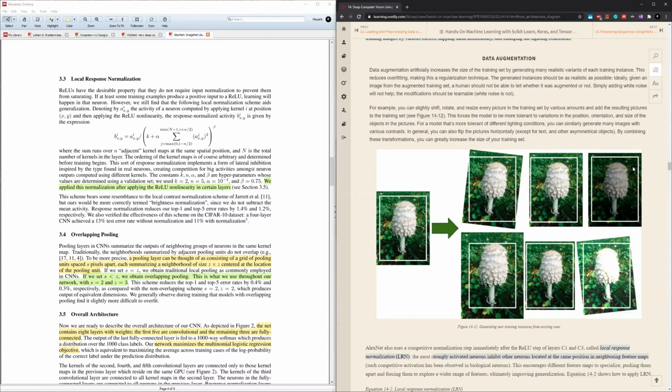Dan Ciresan in Schmidhuber's lab had a really early paper, which is one of the first uses of data augmentation outside of the MNIST data set, where he took galaxies and rotated them 90 degrees to get four galaxies from one galaxy.